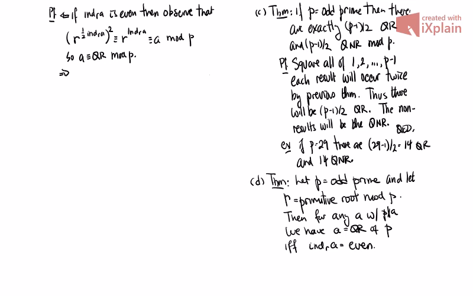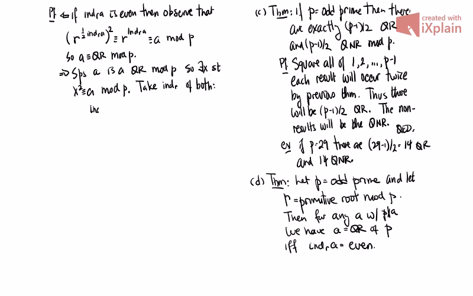For the backward direction, I'm going to suppose that A is a quadratic residue. So what that means is there exists an X such that X squared is congruent to A mod P. Then I can take the index of both sides, specifically the index base R of both.